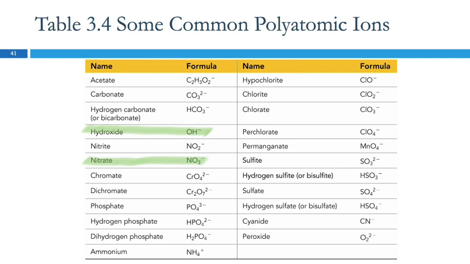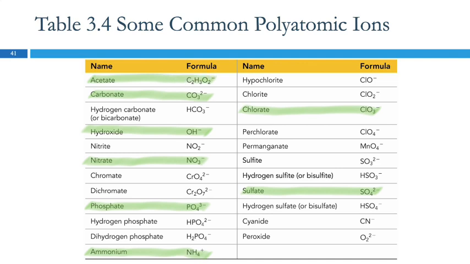And then the eights: nitrate, phosphate, chlorate, sulfate, ammonium, carbonate, and acetate. So if you don't have time or the space in your brain to memorize all of them, at least memorize those green ones, okay? Those are the most important ones.